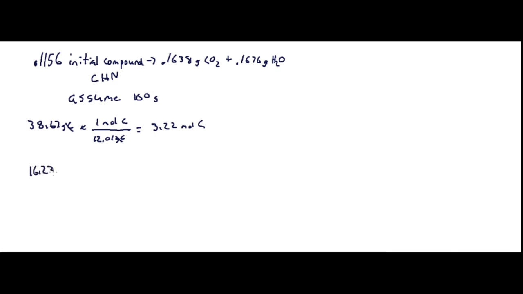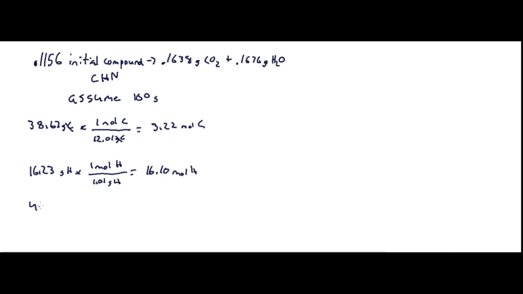And we're going to do the same process with the hydrogen and the nitrogen. So 16.23 grams of hydrogen times 1 mole of hydrogen divided by 1.01 grams of hydrogen, and you're going to get 16.10 moles hydrogen.